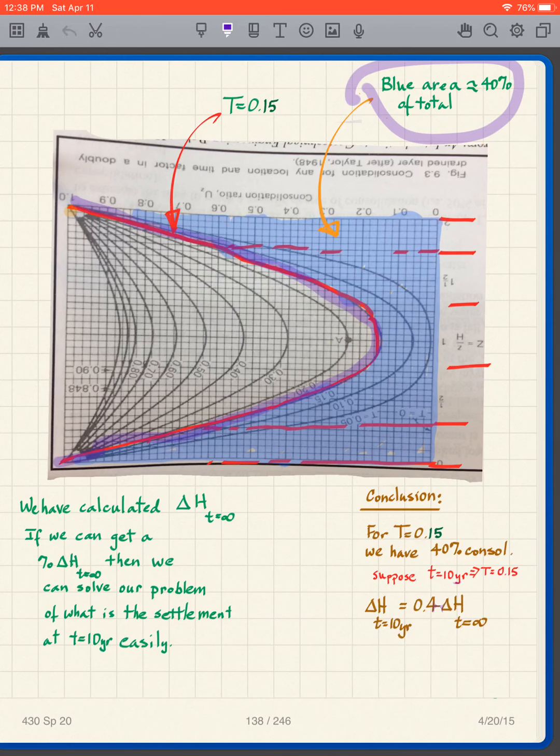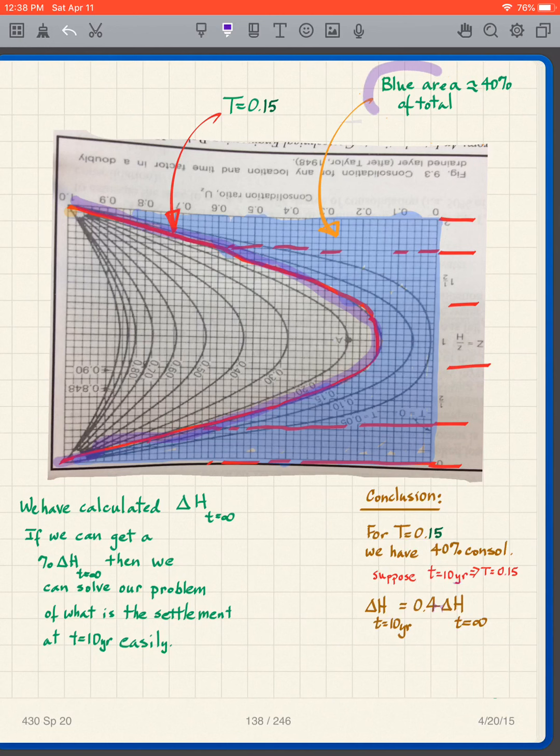So in other words, let's just say my capital T is 0.15. Then that means my excess pore pressure curve that I'm interested in is this one. Then if I take this blue area and compare it to the white area, or the total area rather, that will tell me the actual percentage of consolidation.